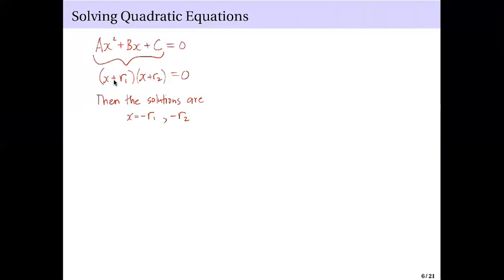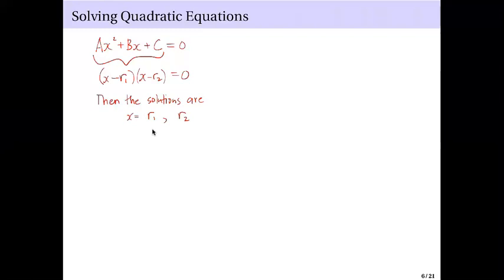Let me change this. Instead of plus, let me put minus, and then here it becomes plus. So let me reverse those two. In here, instead of plus r1, I'll put minus r1, and in here you have minus r2, so that the solutions will be x equals r1, x equals r2.